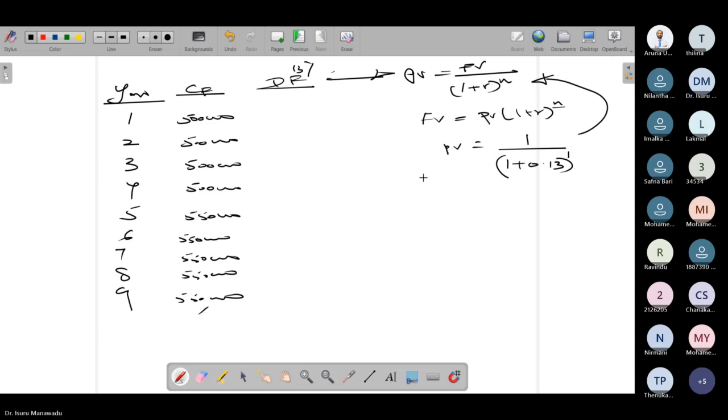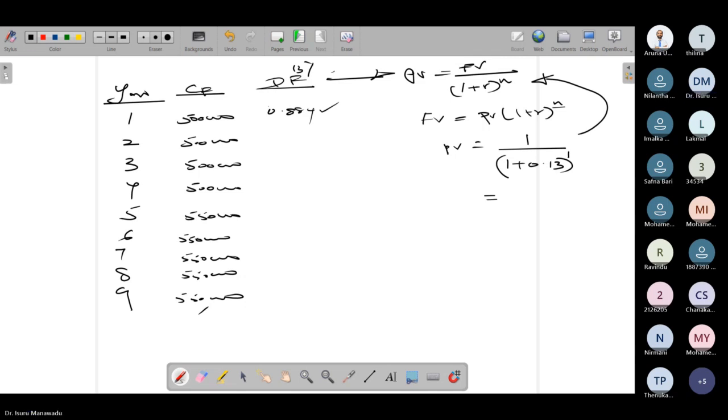What is the present value of 1 rupee that we will be receiving or paying at the end of the first year? Take your calculator: 1 divided by 1.13 power of 1. 0.884. Right?